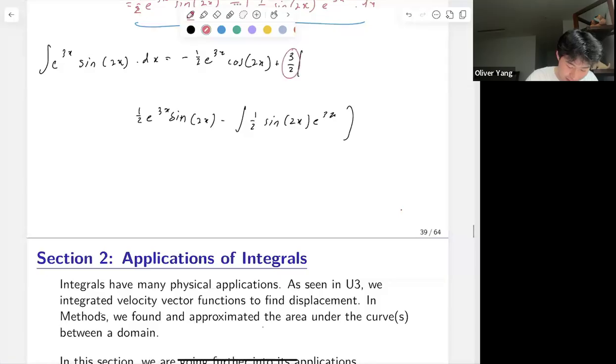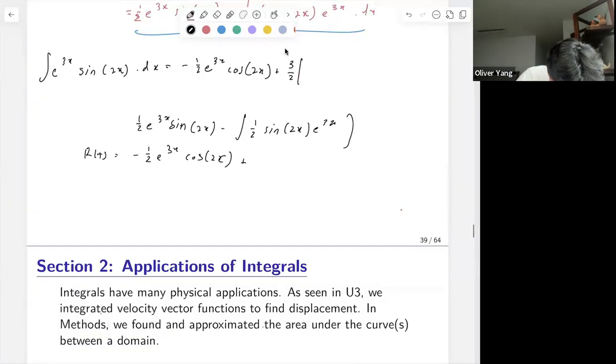But obviously this is within the square brackets, so let's expand our right-hand side. Plus 3 on 2, so this is going to be 3 on 4 e to the 3x sine 2x minus 3 on 4 the integral of sine 2x e to the 3x.